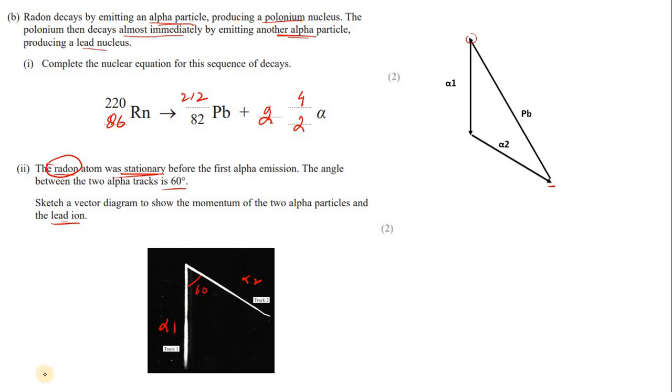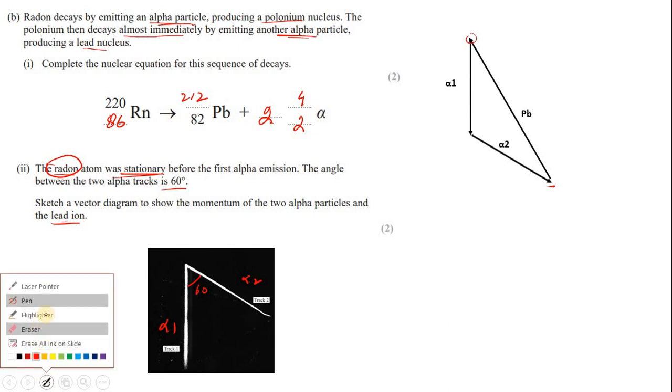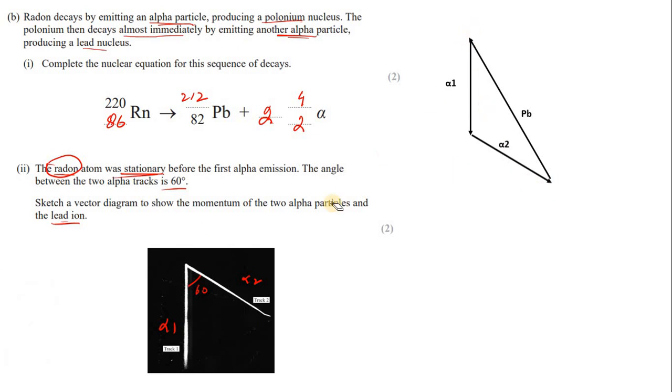That's how you can show the momentum vector diagram for all three particles. This angle here must be 60 degrees in your diagram. Please don't forget to mention this angle or measure it accurately, because this is a vector diagram.